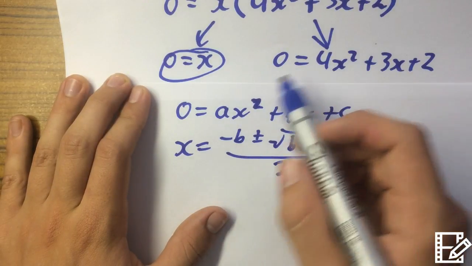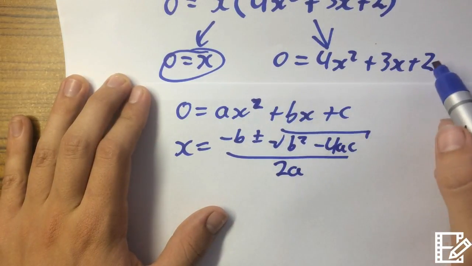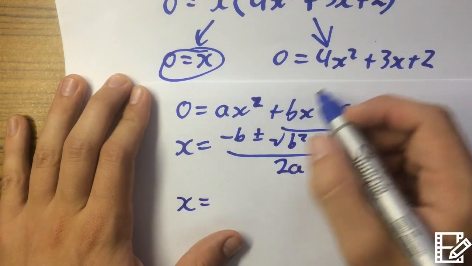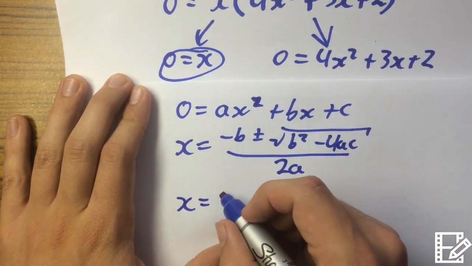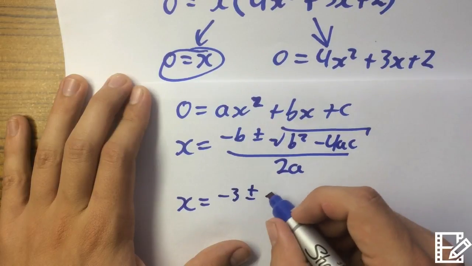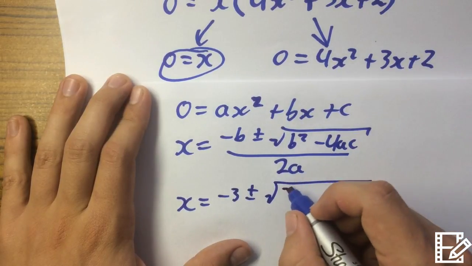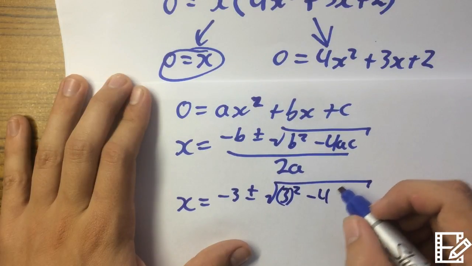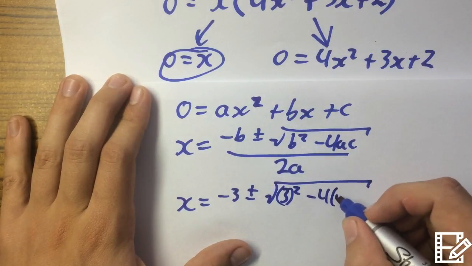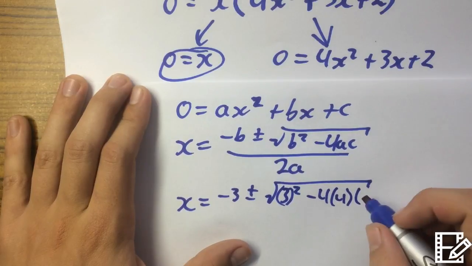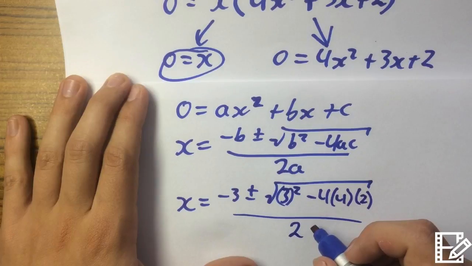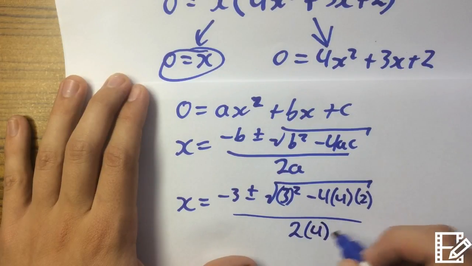We consider 4 to be a, 3 to be b, and 2 to be c. We sub in accordingly, so -b, that's -3, plus or minus the square root of b squared, which is just 3 squared, minus 4a, which is 4, times c, which is 2, and all over 2 multiplied by a, which is 4.